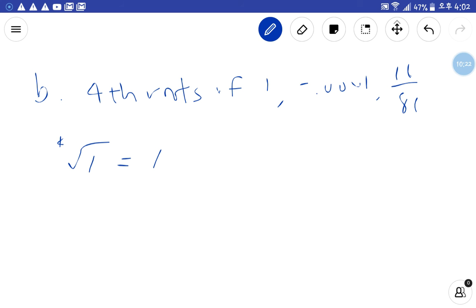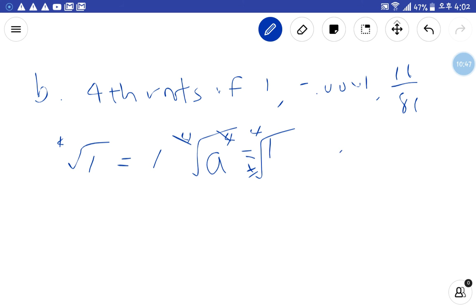Just 1. But think about it. So actually, this means a to the fourth power should be 1, right? Another meaning of that is this. So when we take the fourth root of each side, since this is even, what do we need to look at? Plus or negative together.